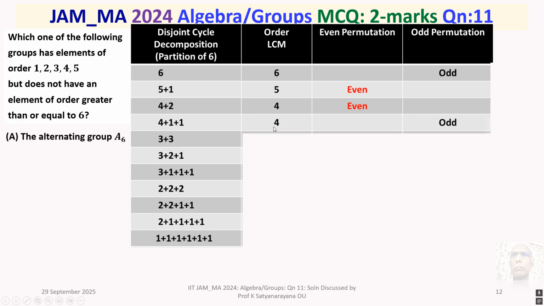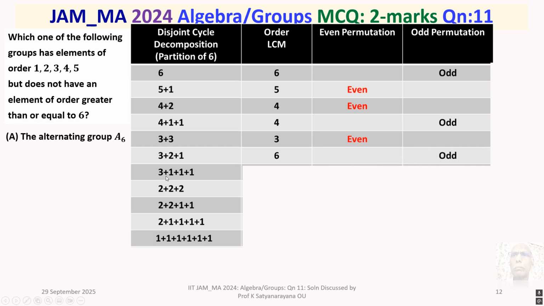LCM is 4. 3 plus 3: for 3, 2 transpositions, for the other 3, 2 transpositions, 4 in total. Therefore, it's even. LCM is 3. 3 plus 2 plus 1: for 3, 2. For 2, 1. It's odd. And the LCM is 6.